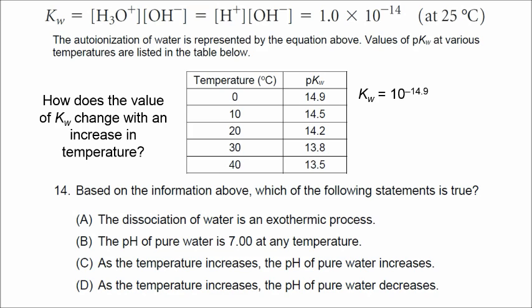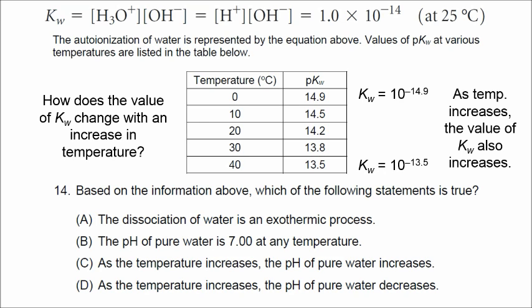Well, the Kw is 10 to the negative 14.9 when it's 0 degrees Celsius, and the Kw is 10 to the negative 13.5 at 40 degrees Celsius. So the value of K is increasing as the temperature increases. When a reaction shifts toward the products with an increase in temperature, then we know it is endothermic. So this reaction is endothermic because K increases as temperature increases.